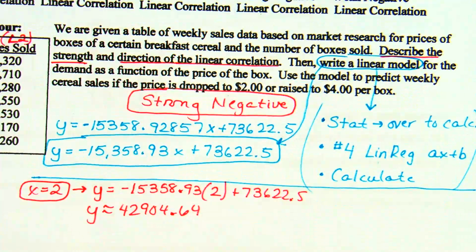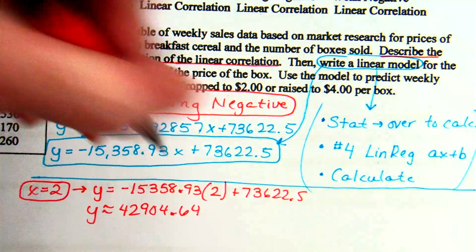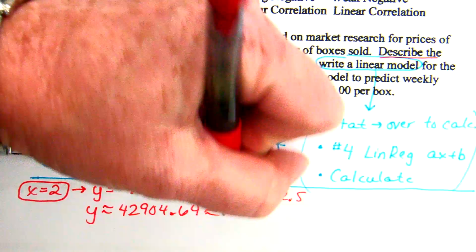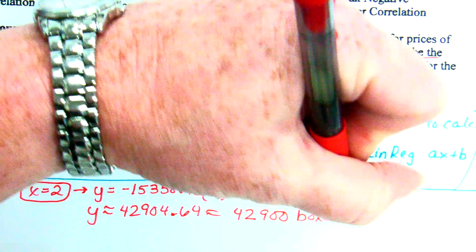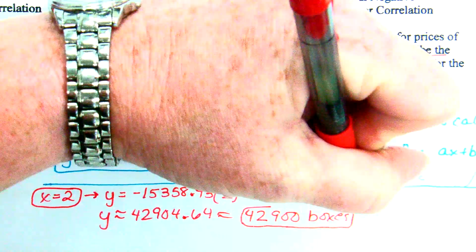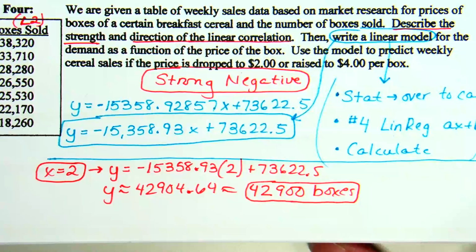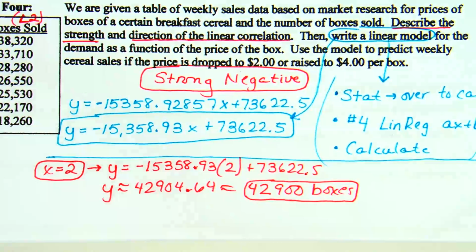But the decimal does not make sense. So what the book does is they round it to whole numbers, so 42,900 boxes is what they say. You could still say 42,904 boxes. I get it. That works too. That is one option for finding that answer.